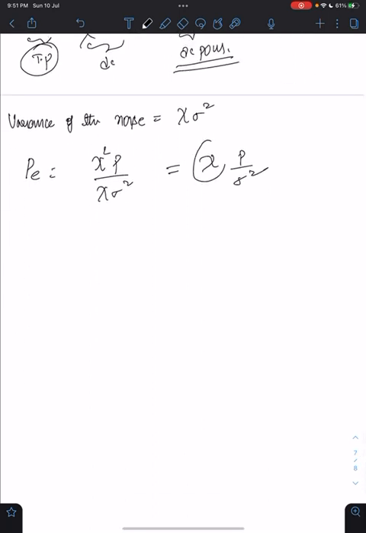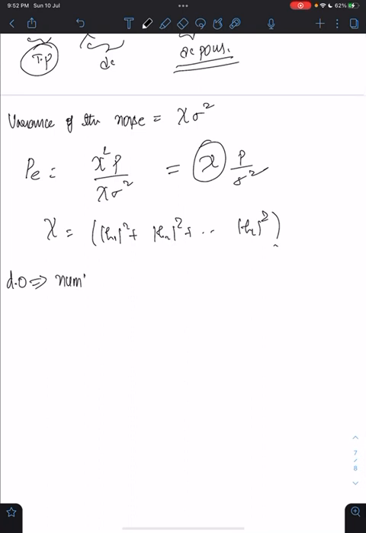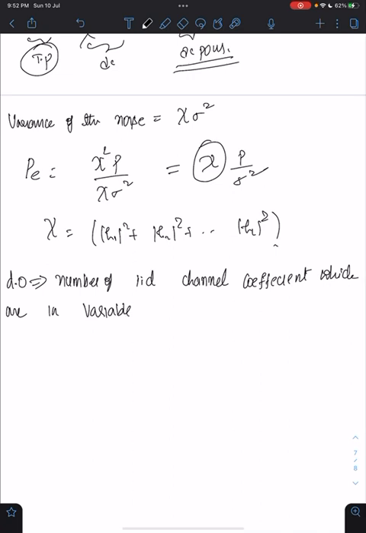This is the SNR, and chi is what? Mod of h1 square plus mod of h2 square, and so on, mod of hl square. All right. To figure out diversity order, the number of IID channel coefficients which are in the variable chi is nothing but the diversity order, right?